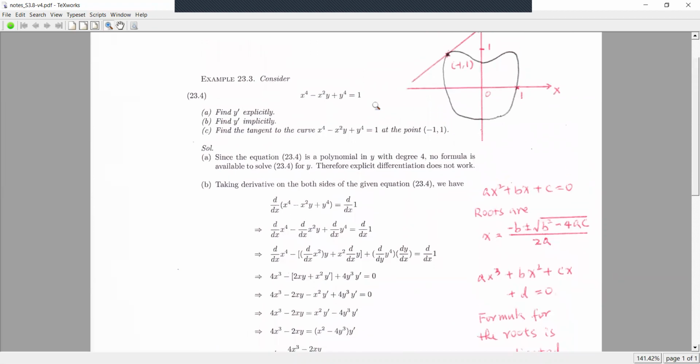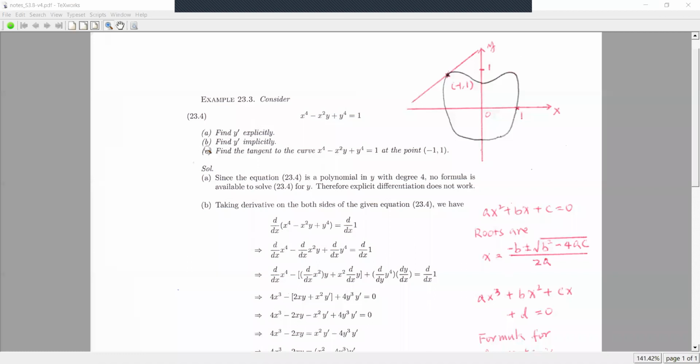So, to solve this equation for y, because the degree is 4, no formula is available. Therefore, explicit differentiation doesn't work. In other words, no solution to part A because we cannot solve the equation for y.